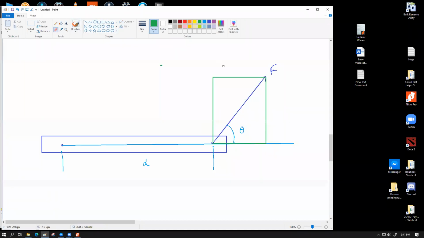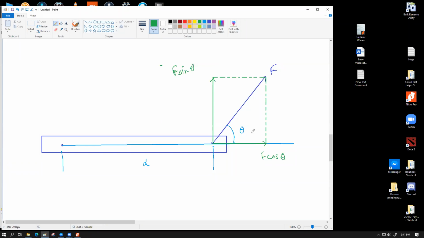I'm going to rub off these sides because these are reference lines, needed for the drawing but not needed for analysis. Now, can I not mark this as F cos theta and this as F sin theta? Can I do that?